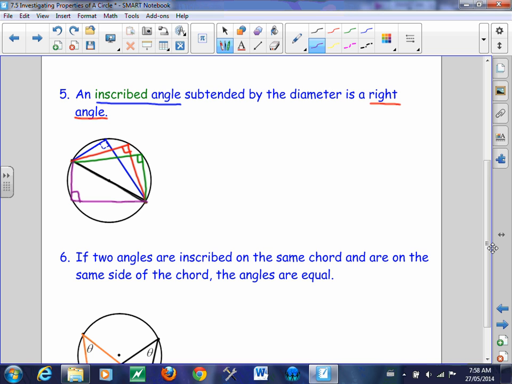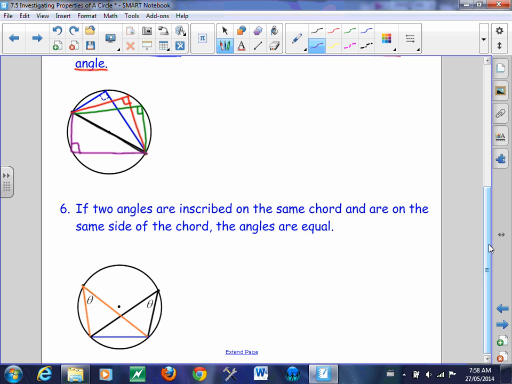All right, number 6, moving along. If two angles are inscribed by the same chord and are on the same side of the chord, the angles are equal.